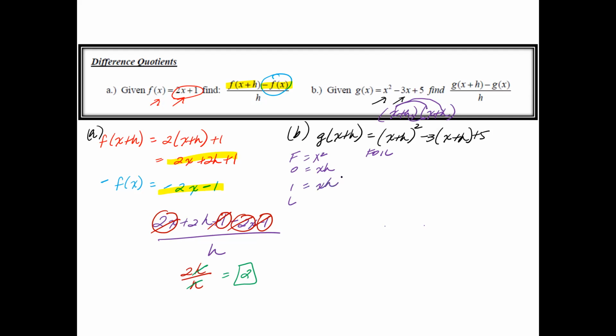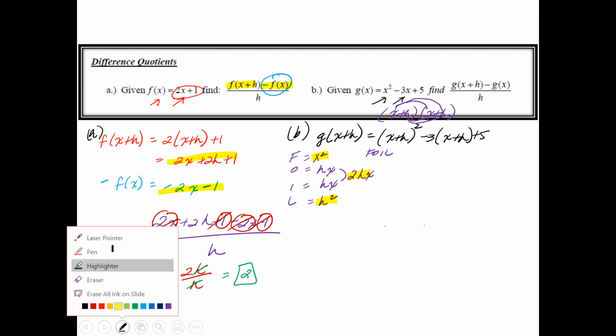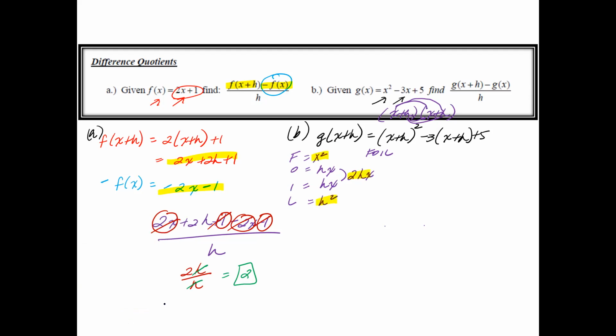I should put them in alphabetical order, so let's go ahead and do that. hx, there we go. And then last, h times h, which is h squared. Combine your like terms, you're going to have 2hx. So now that I have these components to the FOIL, I can go ahead and rewrite that.